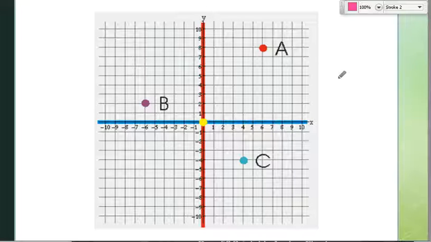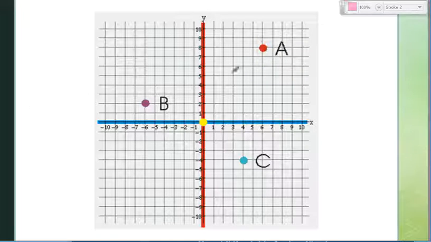Okay, so let's go ahead and try some of these. If we want to find the location for point A in the coordinate plane from the origin, we're going to have to count to the right 1, 2, 3, 4, 5, 6, and up 8.